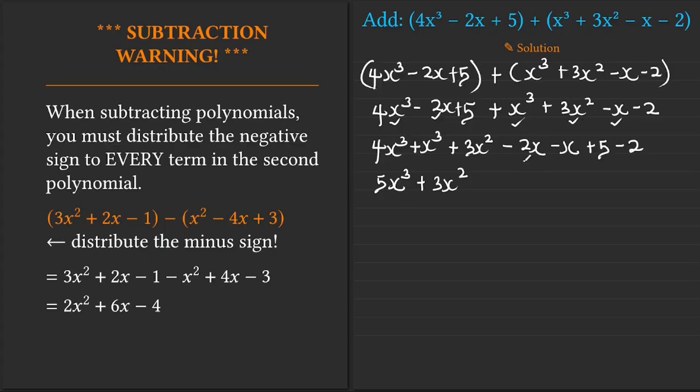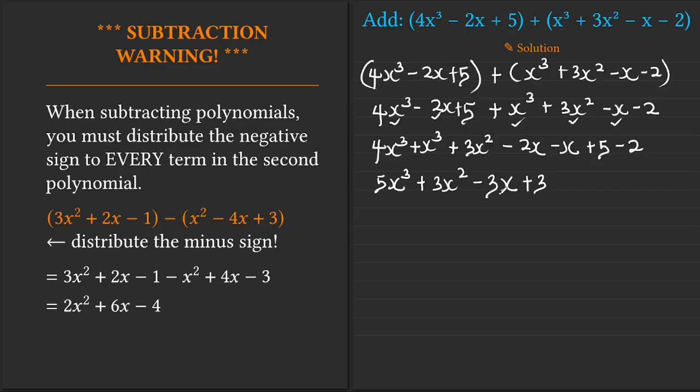Then we come to the x's. So we have negative 2 and negative 1. Negative 2 minus 1 gives us a negative 3 with our x written there. Then 5 minus 2 gives us a positive 3. This becomes our solution. Very simple, right?